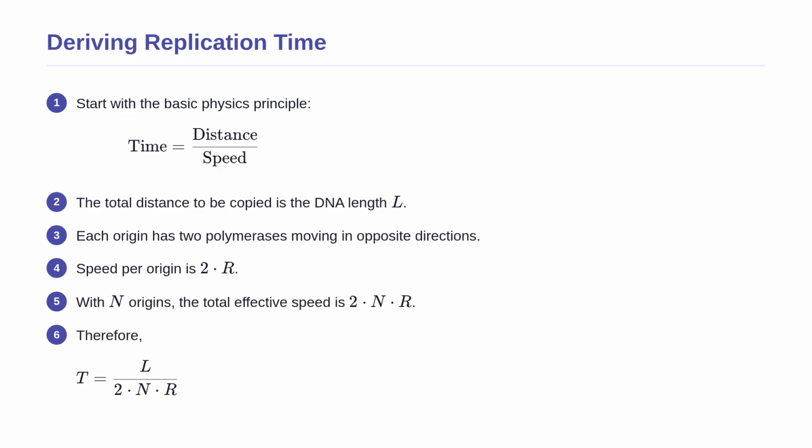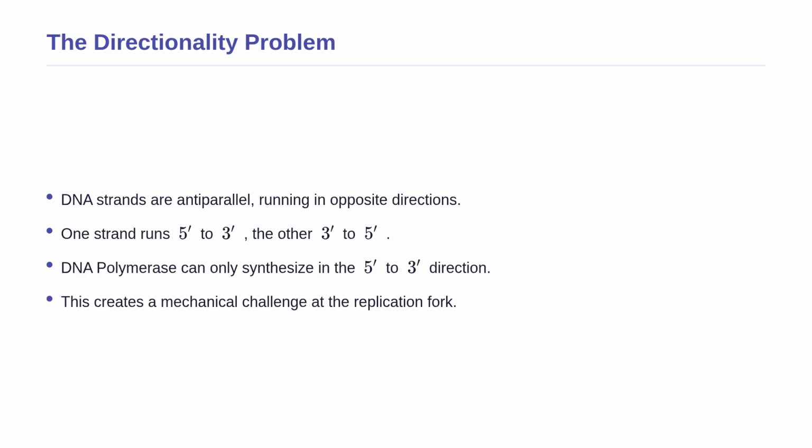Here, the total distance is the length of the chromosome, L. Because replication is bidirectional, two enzymes move away from each starting point, making the speed at one origin 2 times R. When the cell activates N origins at the same time, the total effective speed of the entire system becomes 2 times N times R. Dividing the total length by this massive combined speed gives us our final formula. So we have proven how the cell copies DNA so quickly.